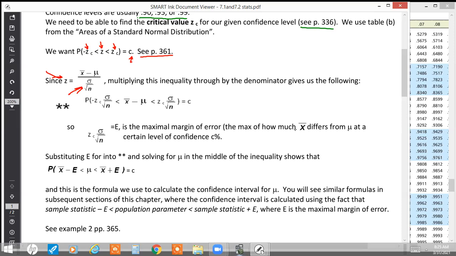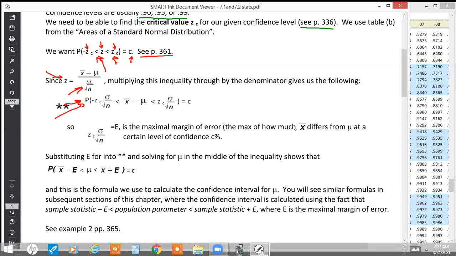And if you multiply this inequality through by the denominator on all three parts of this inequality, it gives you this. The probability that negative Z sub C times sigma over the square root of n is less than X bar minus mu is less than Z sub C times sigma over the square root of n.